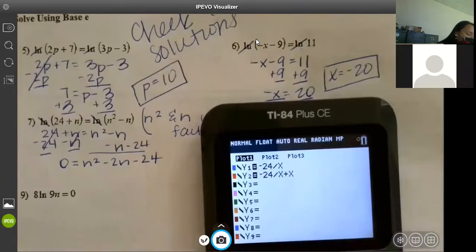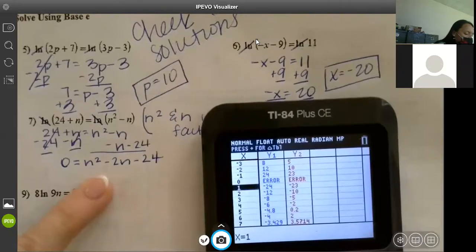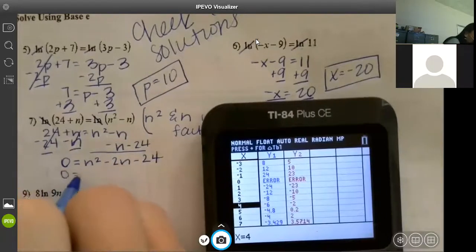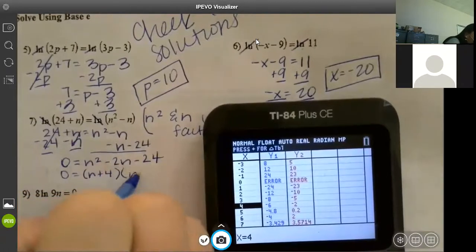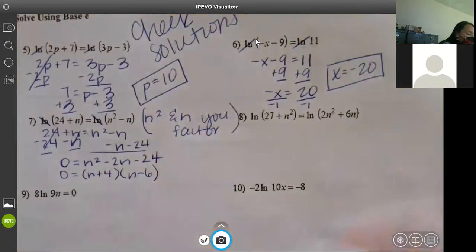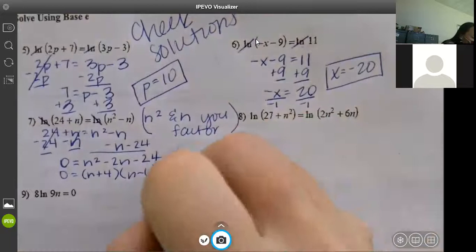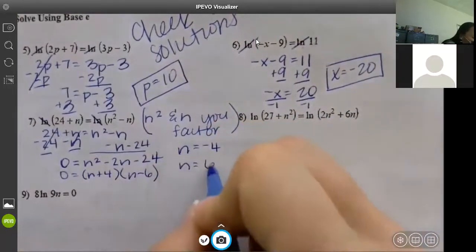Okay, so put those in. Go to your table, and we're looking for the middle number, negative 2, and it's right down here at 4 and negative 6. So your factors are positive 4 and negative 6, which means your answers are going to be the opposite, negative 4 and positive 6.